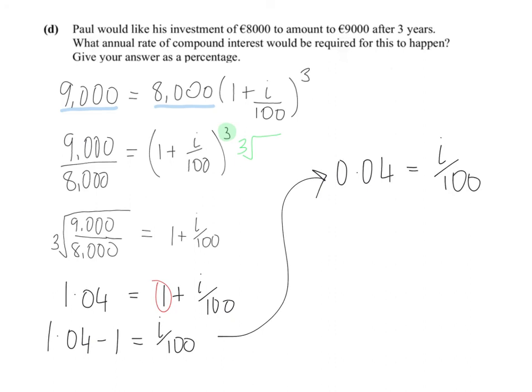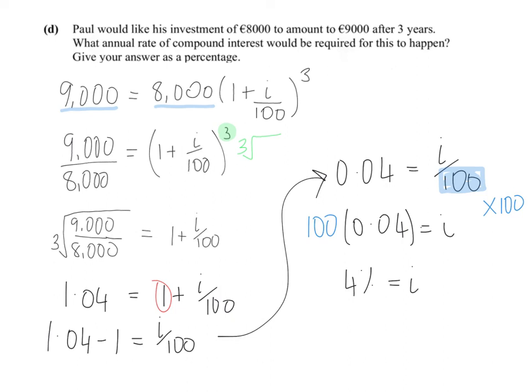Now, to get rid of this 100 on the bottom, it's divided, so we're going to have to multiply by 100. So 100 times 0.04 is going to give me what I is, which we know is going to be 4%.